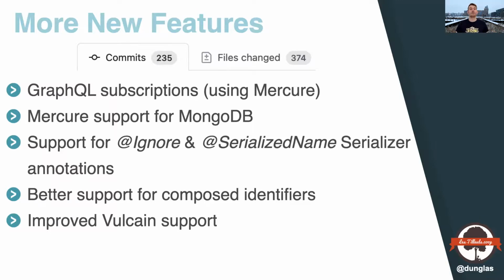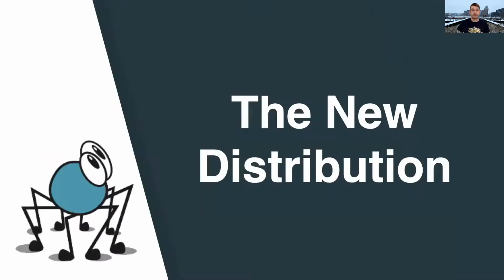There is support for new annotations introduced in the Symfony serializer, including annotations to ignore some properties and annotations to customize the name of a property in the JSON document. There is better support for identifiers, and especially composite and complex identifiers. There is also better support for the Vulcain protocol.